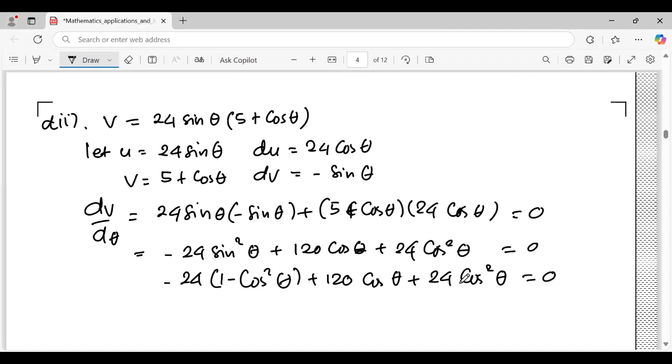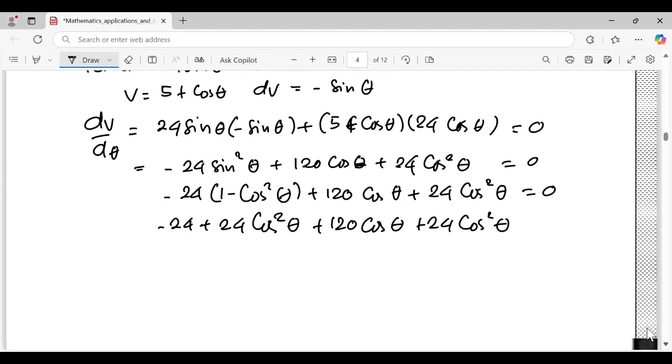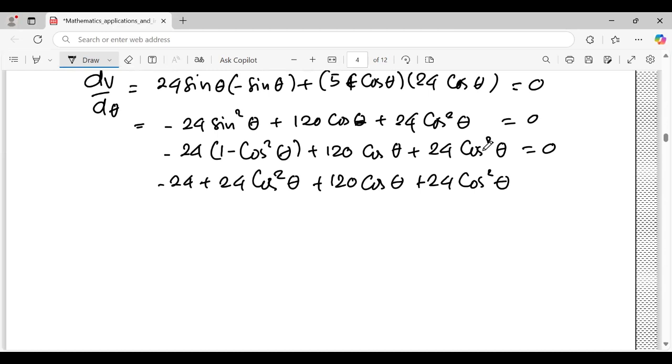So 0 equals minus 24 plus 24 cosine squared theta plus 120 cosine theta plus 24 cosine squared theta equals 0.